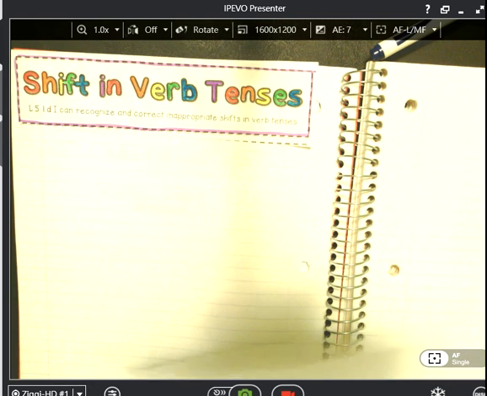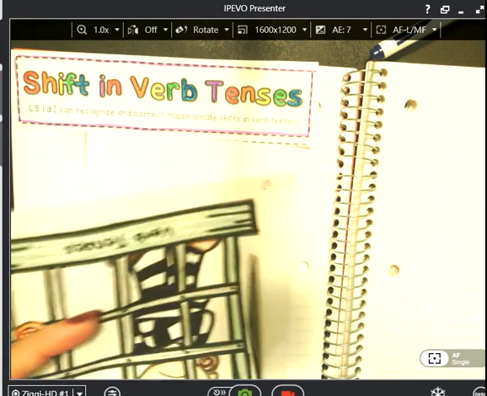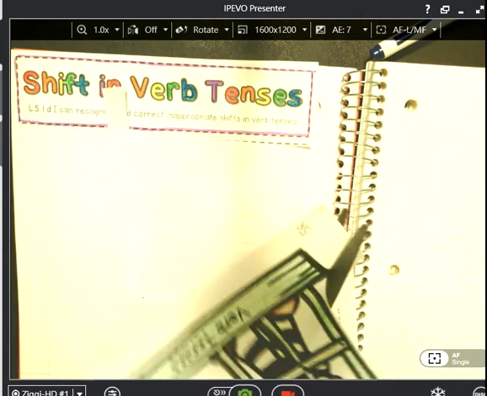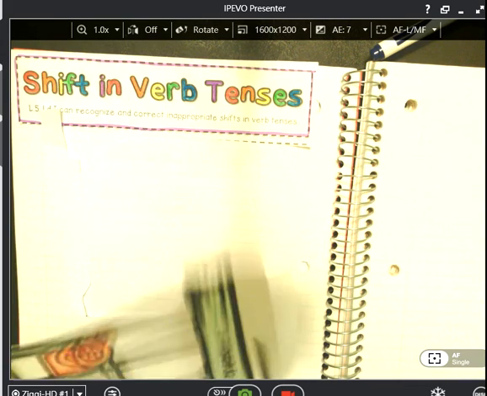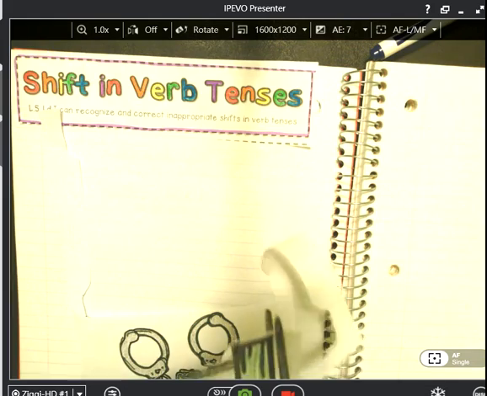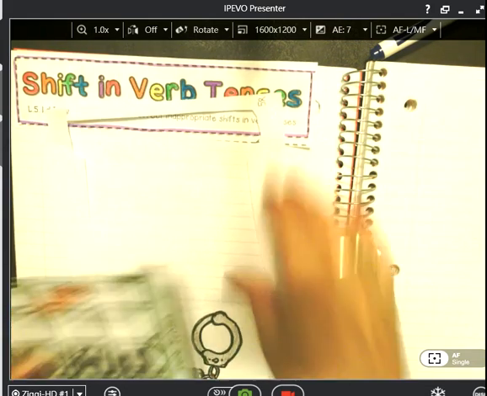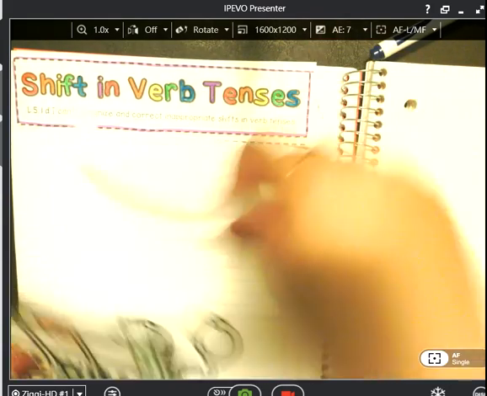I just want to leave some edges around here so it doesn't get too cut off. And again, if you need to pause this to cut yours out or to write at any time, please feel free to do so.